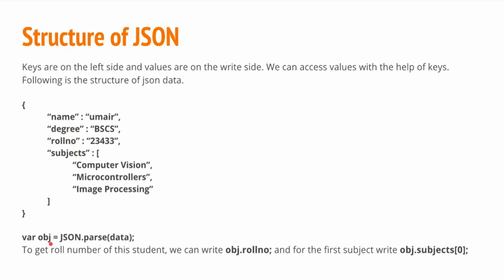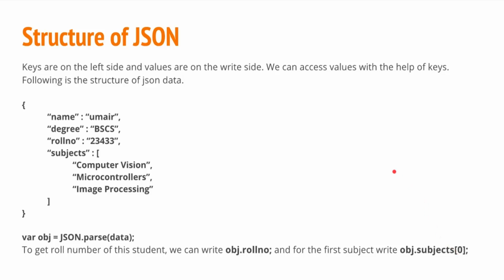In the obj variable we will have all the data that we can access with our keys. To get the roll number from that JSON data, we can write object.rollNumber. And to get the first subject, which is an array, we can use indices. We can write object.subjects and then the index number, as we know that an array starts from 0.